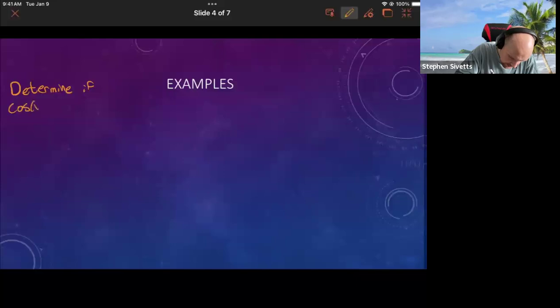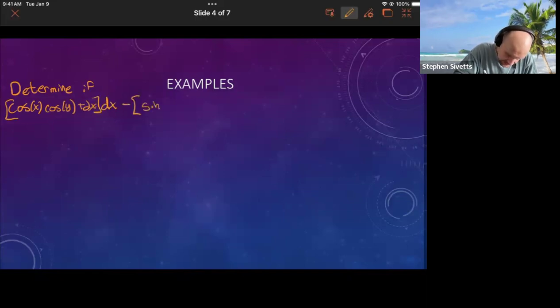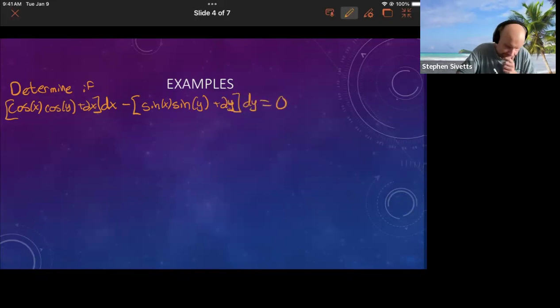So I wrote out: determine if cosine x cosine y plus 2x dx minus sine x sine y plus 2y dy equals 0 is exact.